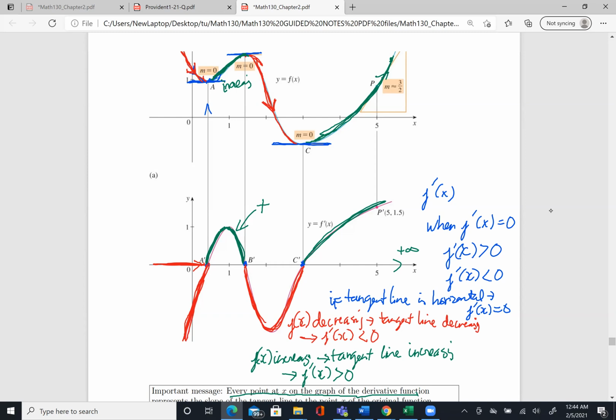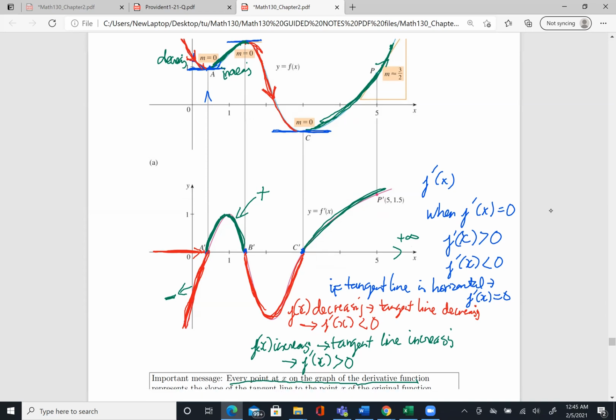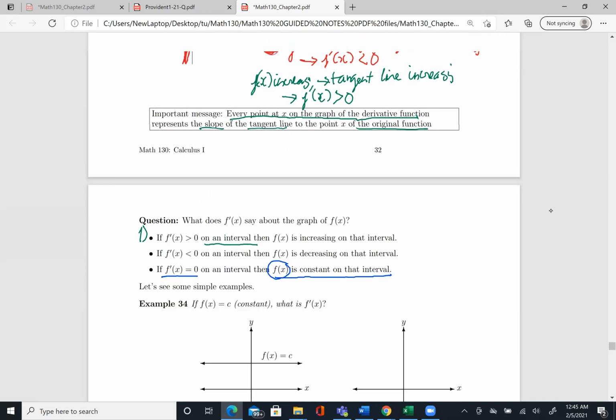Similarly, if f'(x) is negative from negative infinity to a prime, then f(x) is decreasing from negative infinity to a. See that? So let's move down. And lastly, if f'(x) equals 0 on an interval, then f(x) is constant on the interval.